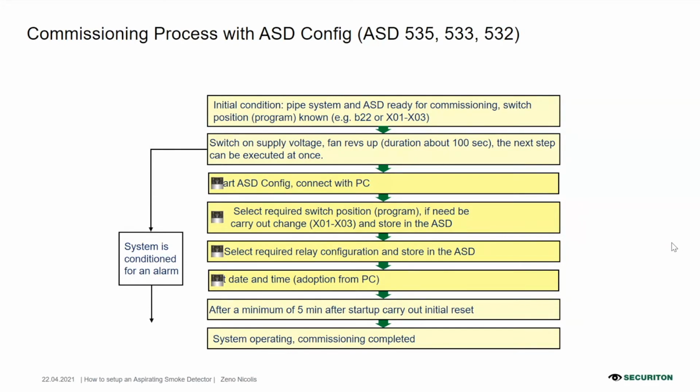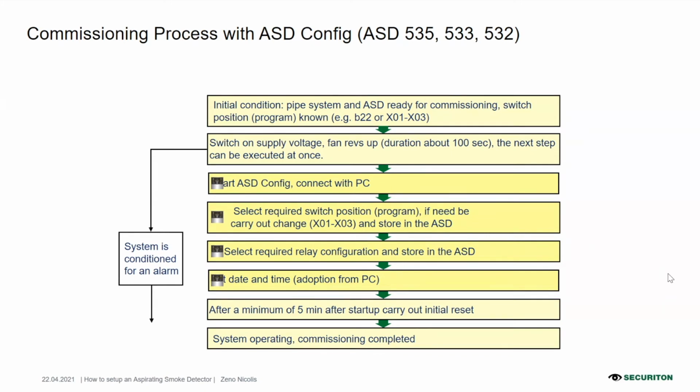Then we open the ASD config software. We connect the PC to the ASD using a USB serial cable or Ethernet cable, depending on the ASD model. The only one with the Ethernet port is the ASD 532. All the other models have a USB port, and you use the USB cable like a printer cable.